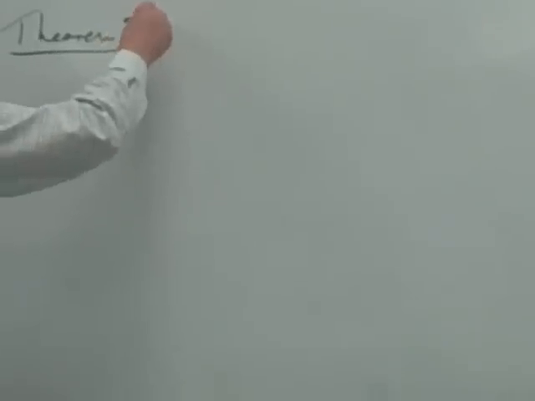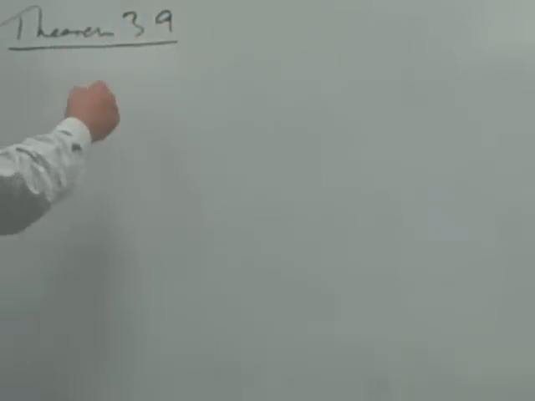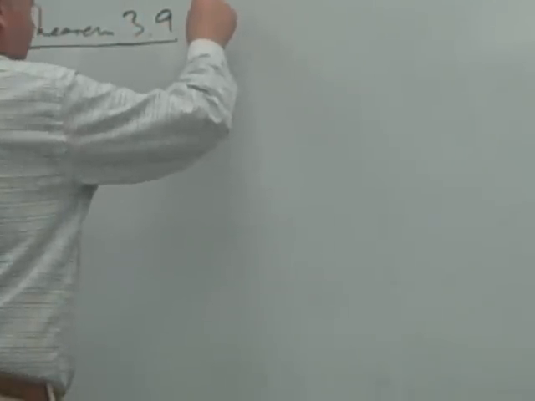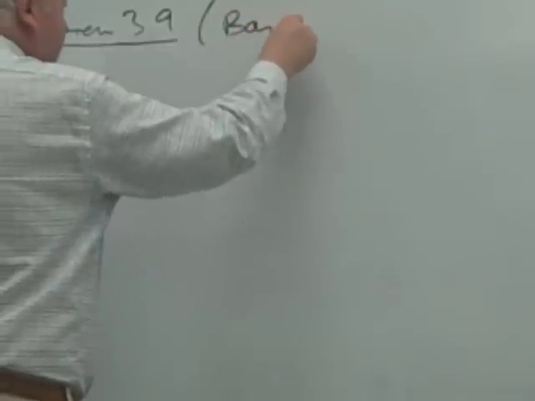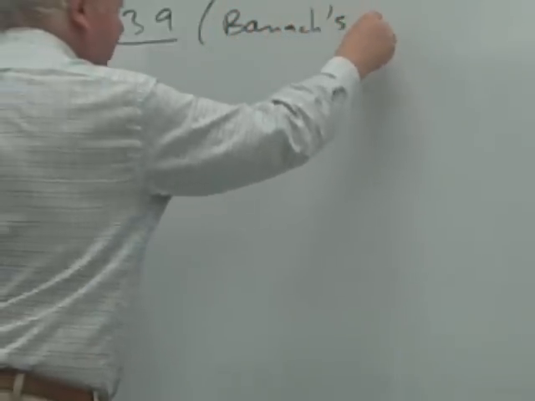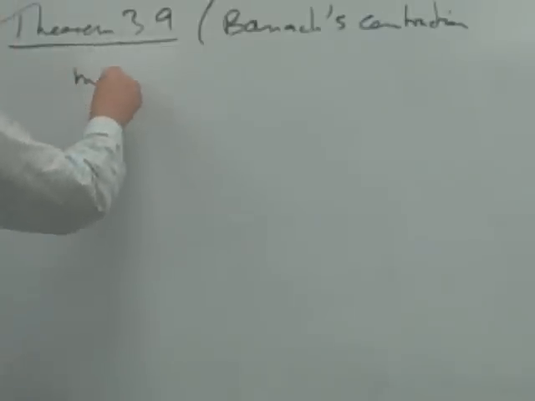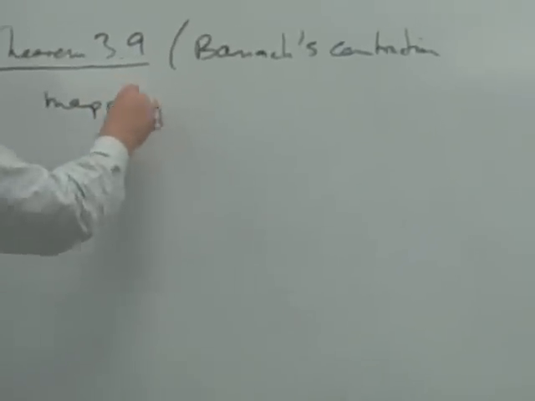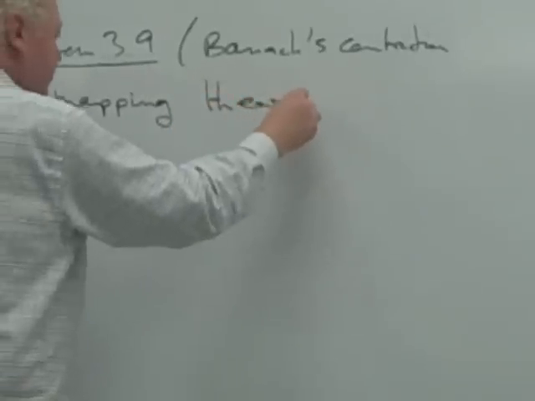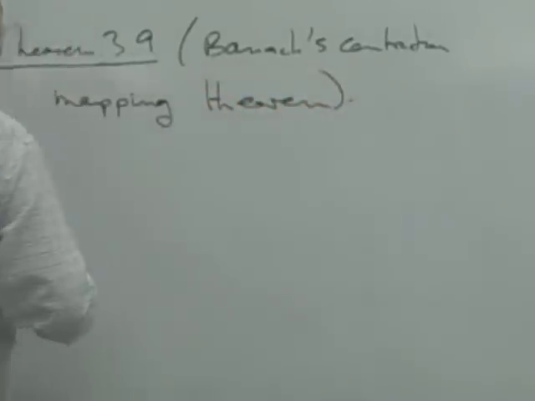So here's the theorem, 3.9. This is Banach's contraction mapping theorem. For this we need completeness.